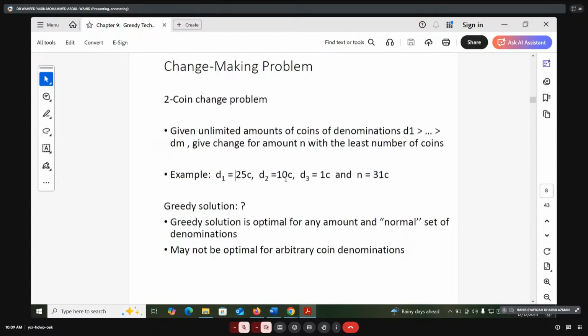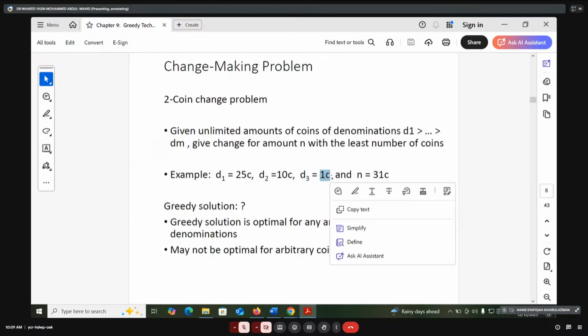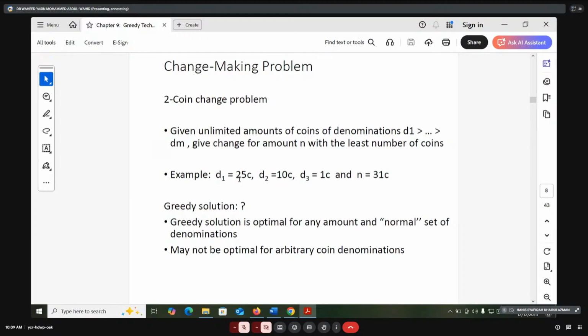Then another 25 is not applicable, as it will be 50, and I have only 31. So I will give you 1 note of 25 and 6 notes of 1. So it will be 25 plus 6, 31. So how many coins do I give you? I give you 7 coins.